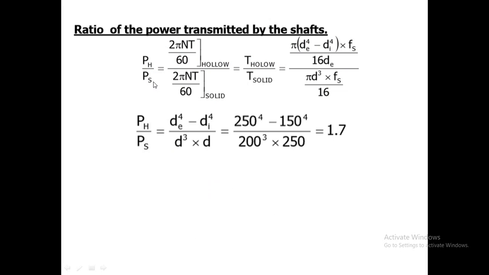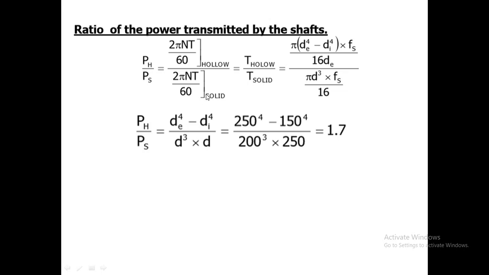Once we know the values of the diameters, or the parameters related to the power, the power equation is 2 pi N T by 60. It is the same for both shafts, so you can take the ratio of the power of the hollow shaft to the power of the solid shaft.